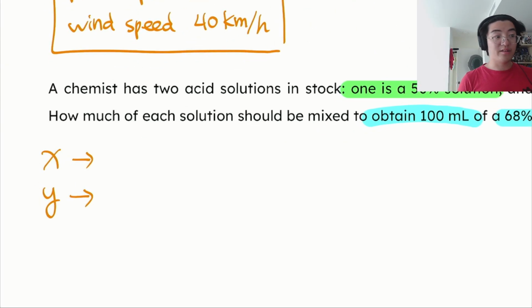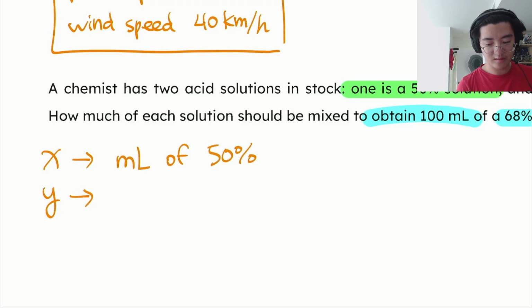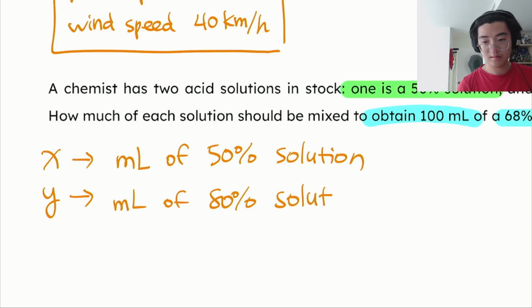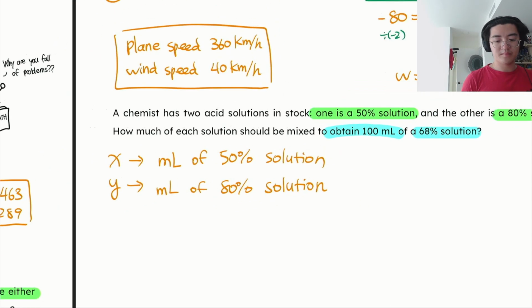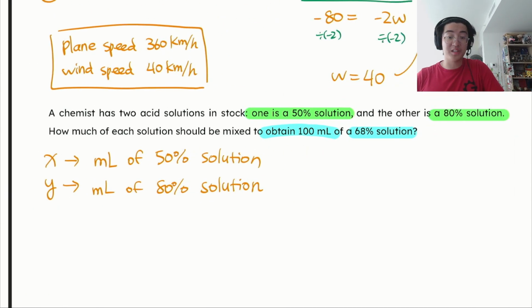Okay, so our variables are the milliliters of the 50% solution and the milliliters of the 80% solution. Because the question is asking about how much of each solution, which is actually saying how many milliliters we need from each solution to mix into 100 mils, with the final solution being 68%.